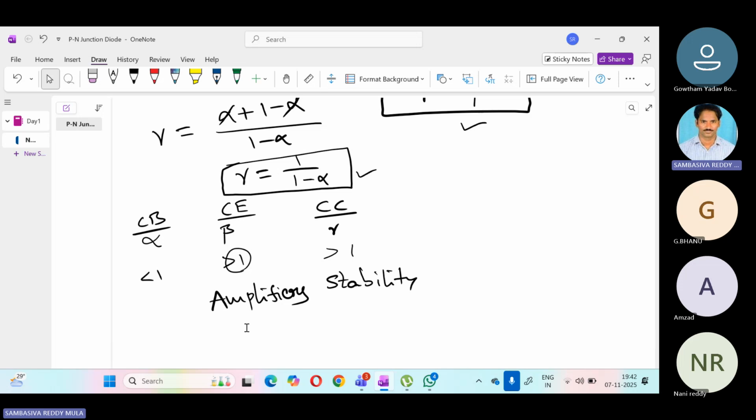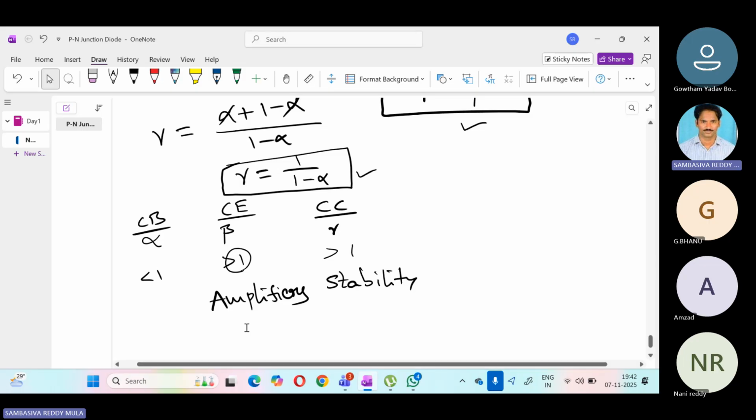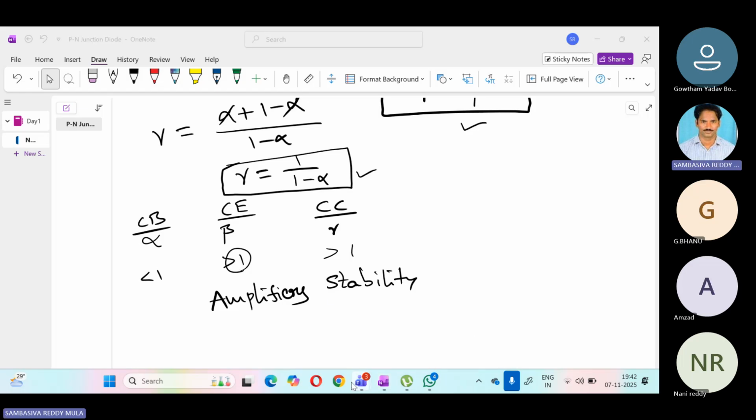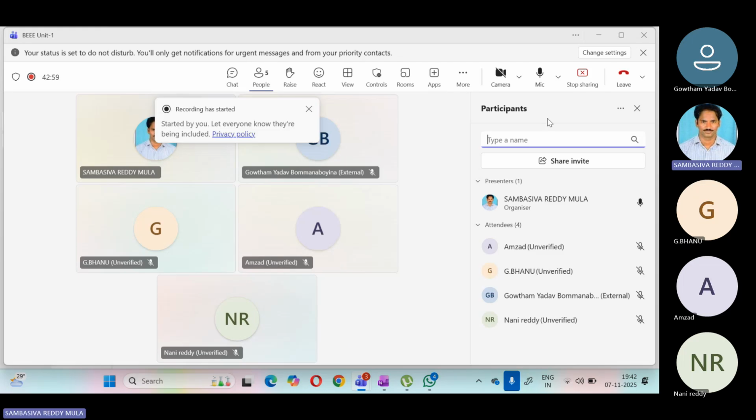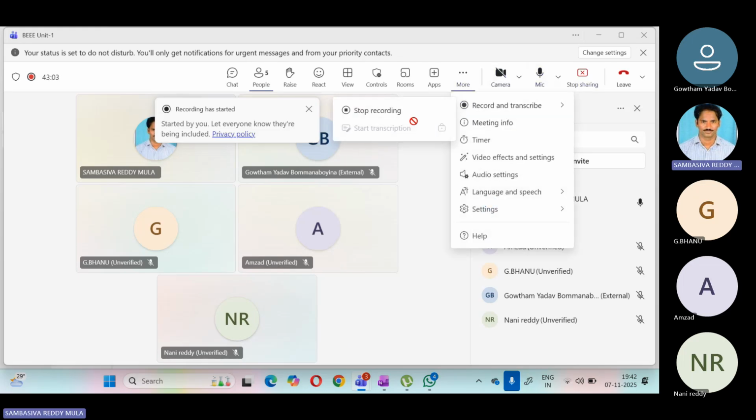Why do they mention beta only? Generally we use the transistor in CE configuration for amplification. The most common application is amplifiers. So this is about the transistor types, NPN and PNP transistor, and the configurations we have discussed.